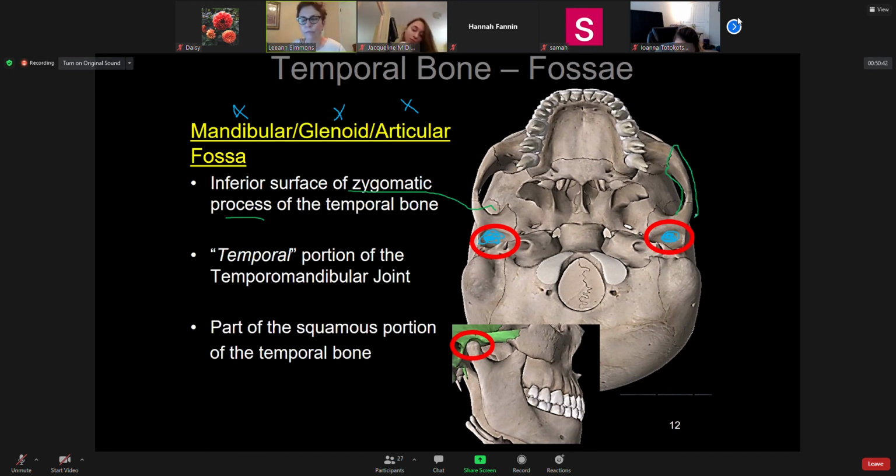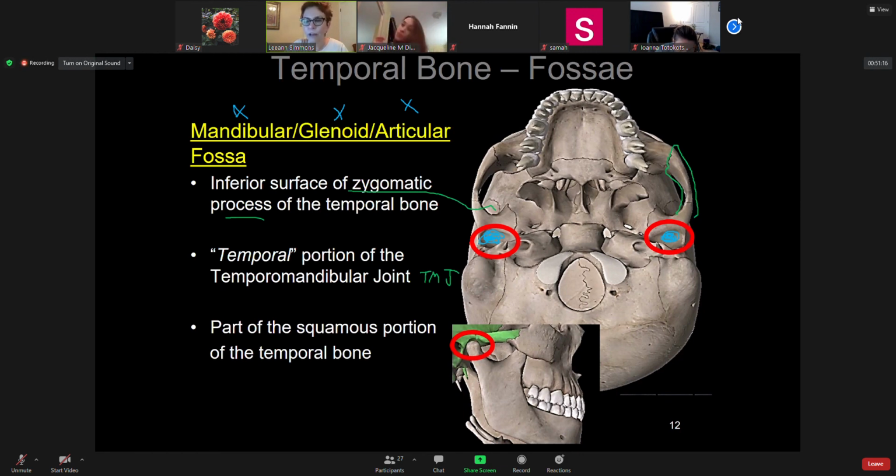So this fossa is the temporal portion of the temporomandibular joint, or TMJ. We call this the TMJ for short, for obvious reasons. Because this fossa is on the temporal bone, temporomandibular, the mandible joint, that's the whole joint here.